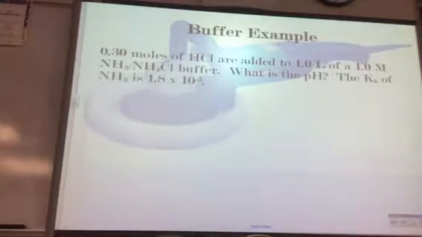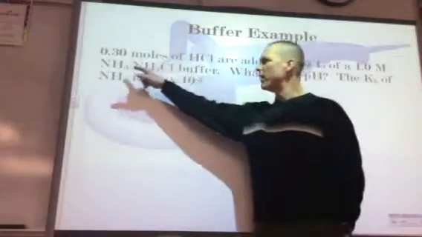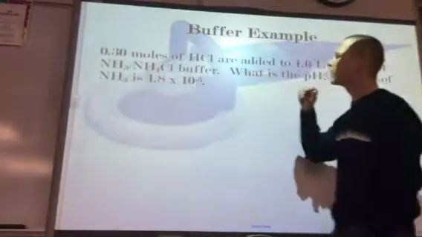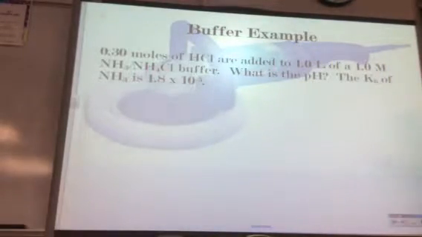Let's try this problem using the buffer equation. Now we still always have to do the stoichiometry step to find out what the new concentrations of the weak acid and conjugate base are. So you got the stoichiometry step, then apply the buffer equation. We're going back now to our ammonia-ammonium buffer. .3 liters of strong acid are added.